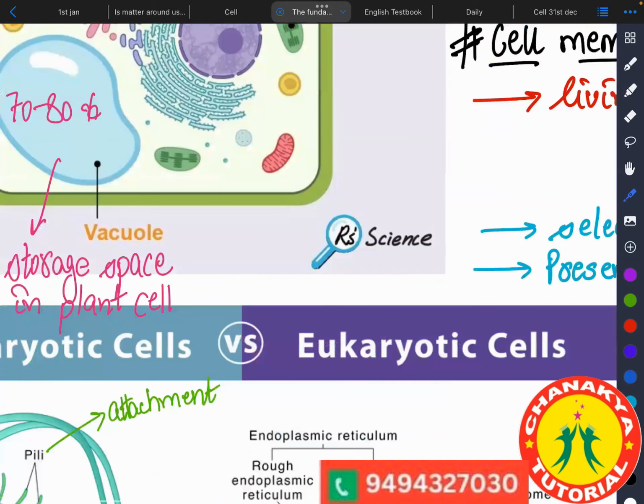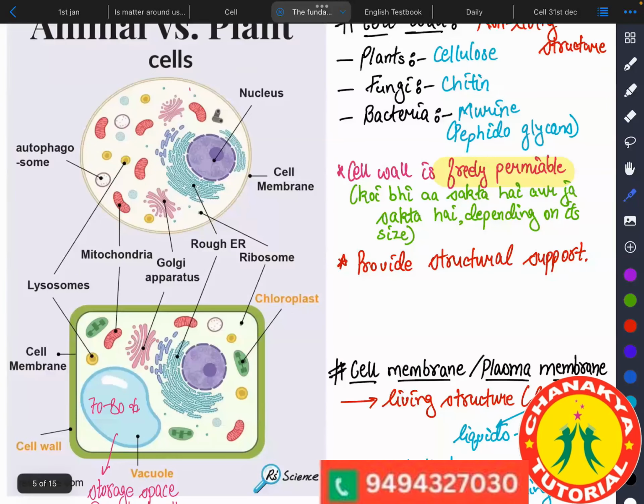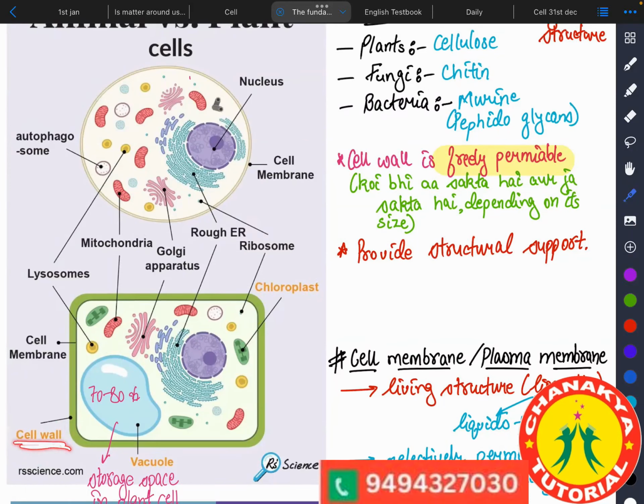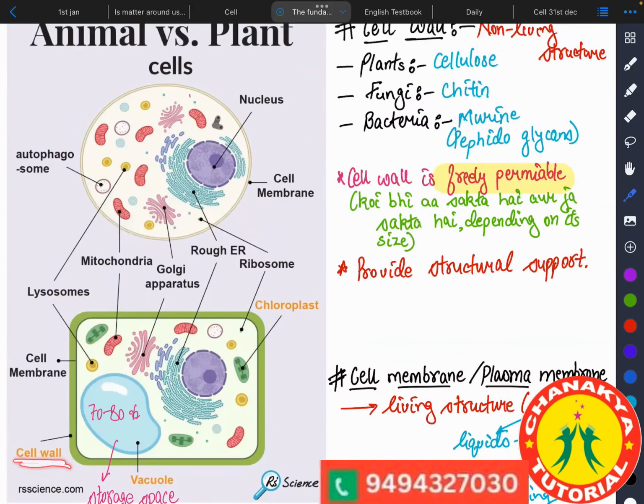And here, talking about plant and animal cell, it is not a major difference, but as I have told you, there is only one difference. The plant cell contains a cell wall and the animal cell does not contain a cell wall.